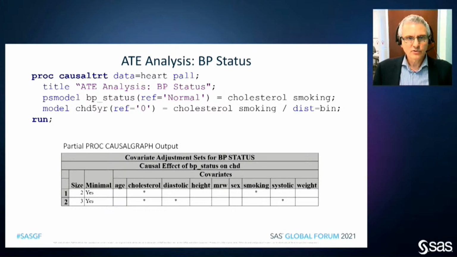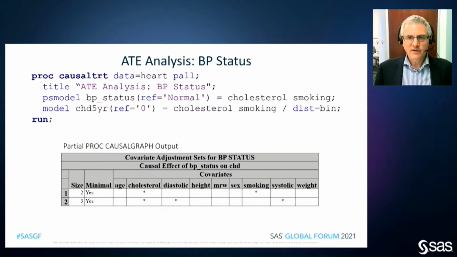Here's our PROC CAUSALTRT step using the same data set, the heart data set. In choosing which covariates you include in the model, recall that you need to satisfy the assumption that treatment assignment and outcome are independent.